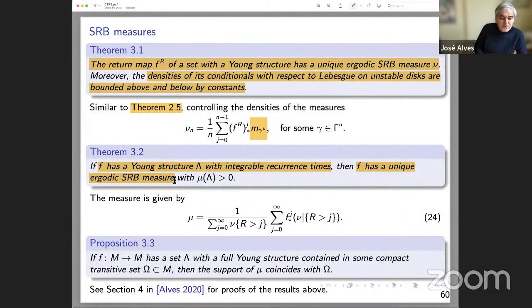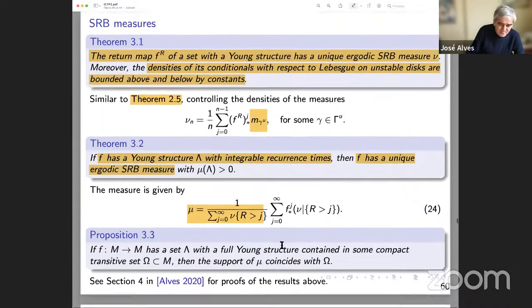But giving positive weight to the set with the Young structure, it is unique as before. And again, it is obtained with this formula. So you can see the push forwards of the measure for the induced system restricted to the set of points which return after time j, and then you consider this sum. So it's exactly the same formula.